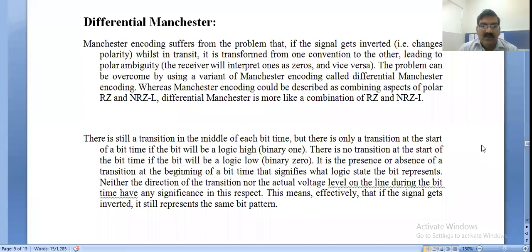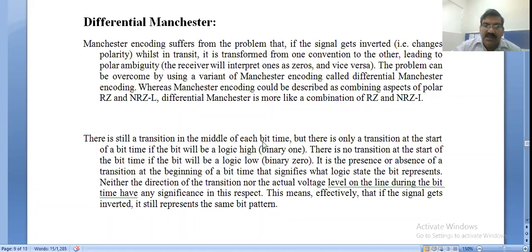It is the presence or absence of a transition at the beginning of a bit time that signifies what logic state the bit represents. Neither the direction of the transition nor the actual voltage level on the line during the bit time has any significance in this respect. This means effectively that if a signal gets inverted, it still represents the same bit pattern.